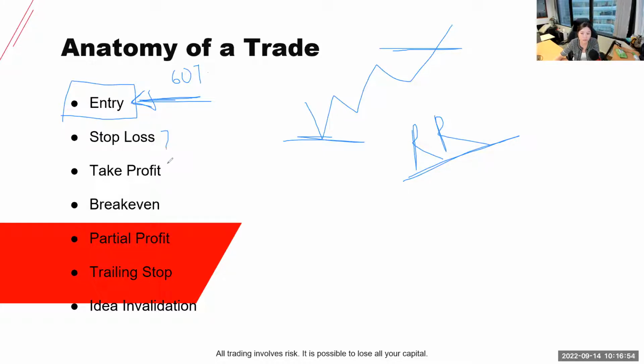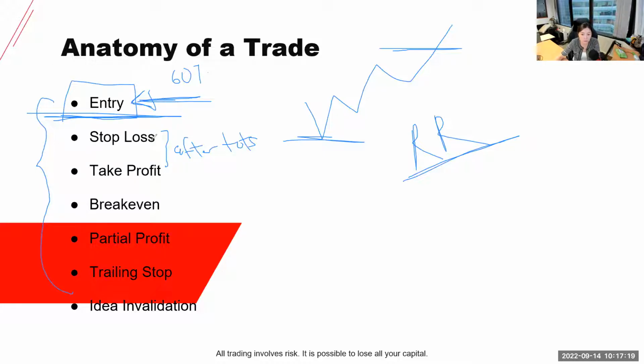These are often afterthoughts. Personally for myself and a few of our other colleagues as well, these are often afterthoughts, okay? So what we mean by anatomy of trade is that all of these are as important as your entry itself. You shouldn't be focusing all on entry.